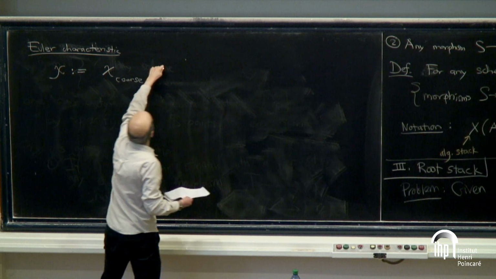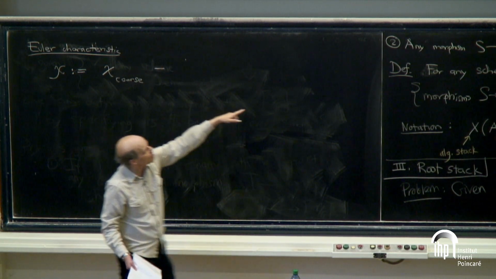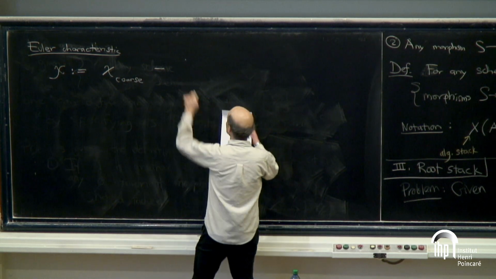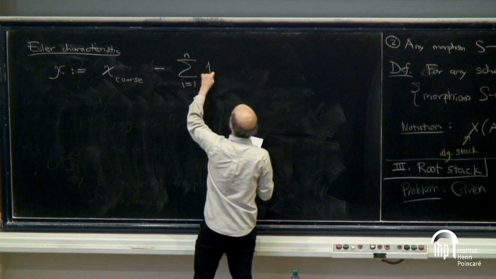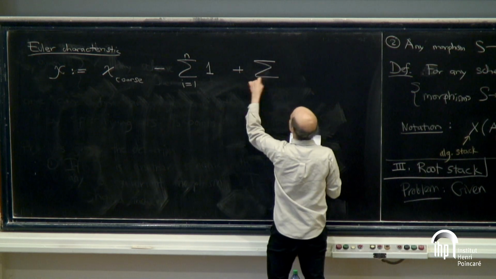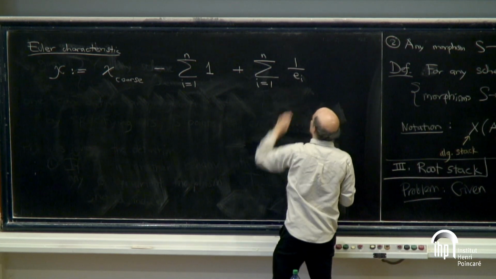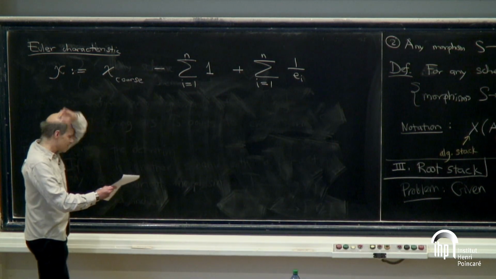So you imagine we're trying to build this X. So we start with the coarse space. We remove the n points, and when you remove the points, you subtract 1 for each point removed, and then you put back 1 over e_i of a point, some fraction of a point. And so, okay, so this is just a definition.